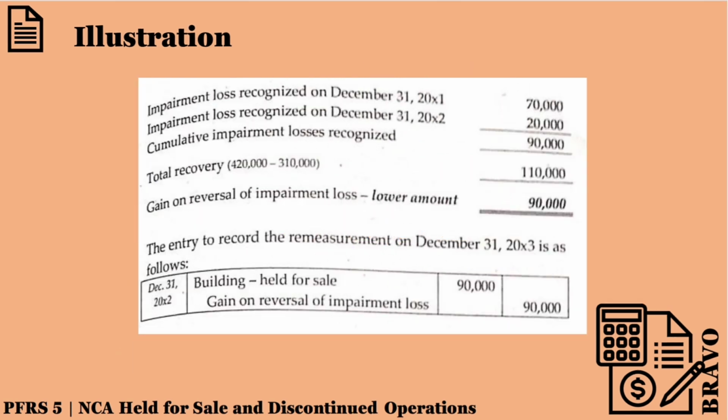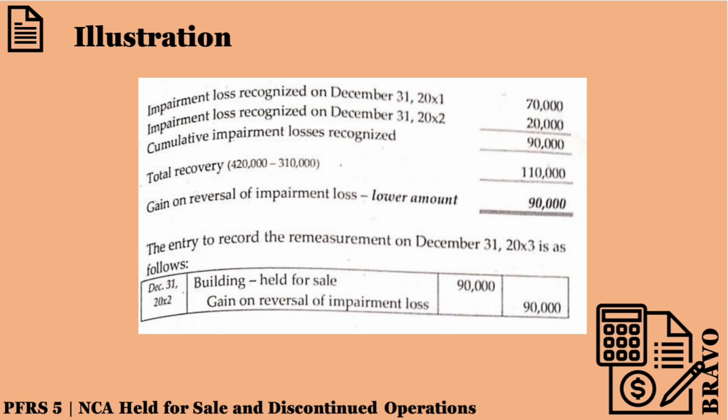Dito, makukuha natin sa reversal by the rule of measurement na whichever is lower between the total recovery and the cumulative impairment loss recognized. Pero bago yon, alamin muna natin kung paano makukuha si cumulative impairment loss recognized. Dito, ipagpa-plus lang natin si impairment loss recognized nung year 20X1 at nung year 20X2.